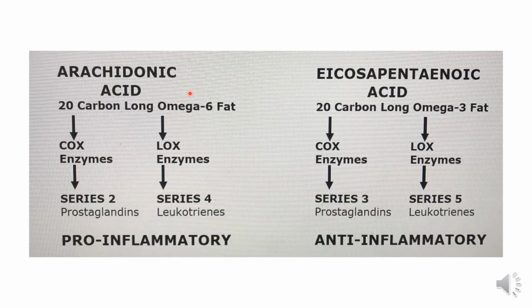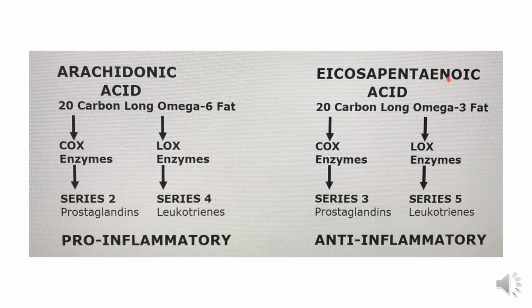So now this is yet another example. Arachidonic acid is an omega 6 fatty acid. It has 20 carbon chains with 5 double bonds, and it undergoes the COX and LOX pathway, and it gives rise to series 2 and series 4. The series 2 are prostaglandins, whereas the series 4 are leukotrienes, and all the series 2 and 4 prostaglandins and leukotrienes are pro-inflammatory except PGI2.